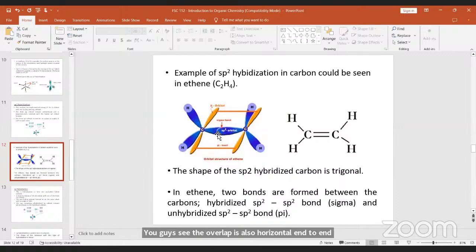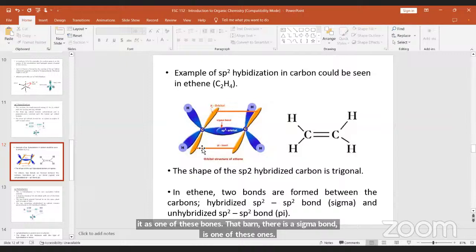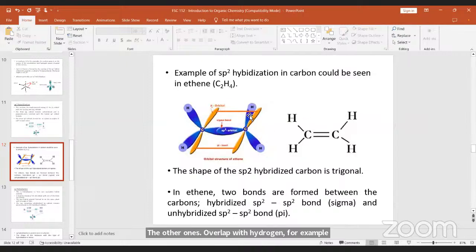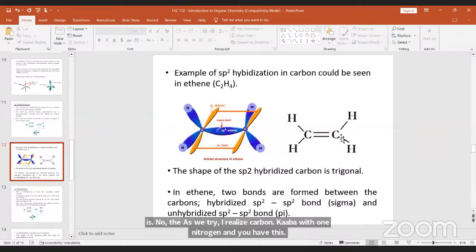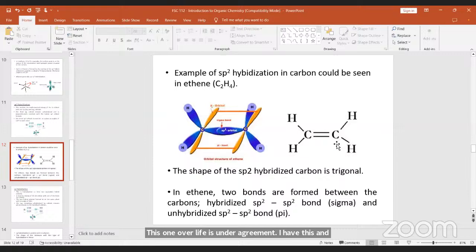That forms a bond there. That bond there is a sigma bond. The other ones can overlap with hydrogen. For example, this lobe of the sp2 hybridized carbon can overlap with one hydrogen, and you have this. This one overlaps with another hydrogen, and you have this. And those are also end-to-end overlaps to give you sigma bonds.